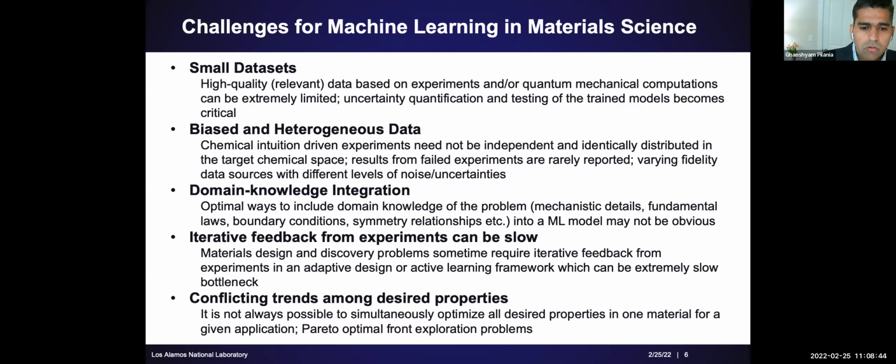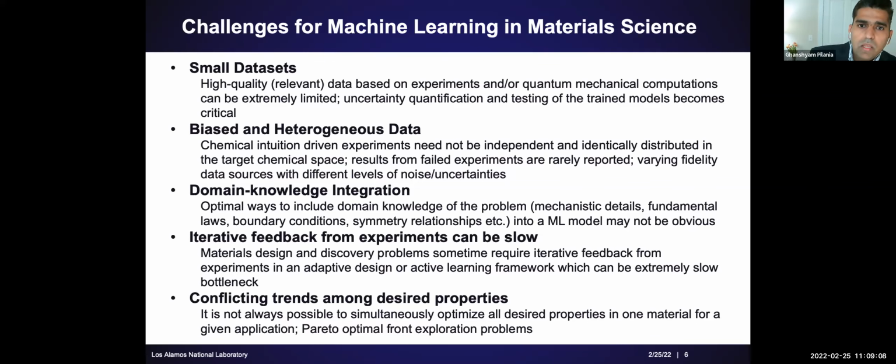When we talk about machine learning in physical sciences, it's slightly different from machine learning that has been pursued conventionally in data-rich settings, because here we deal with small data sets. If you look at Google or Facebook or Amazon data sets, they are of the order of billions.